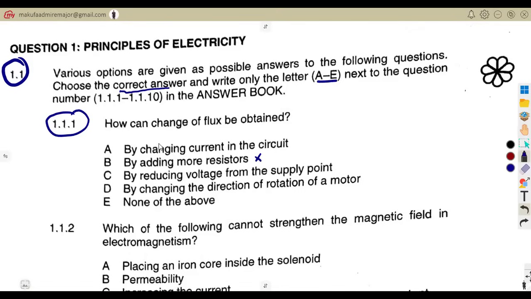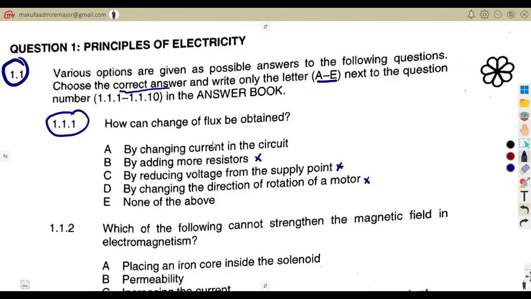Reducing the supply is a total no, because with the change of flux there's no relationship, so no change is going to happen there. The direction as well.